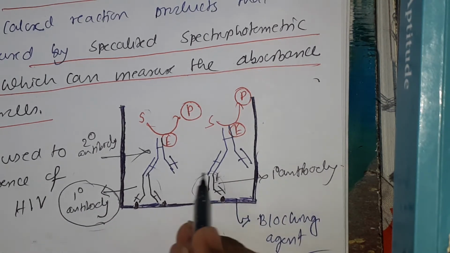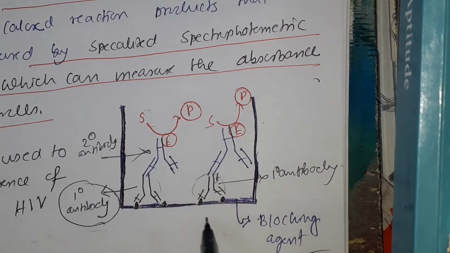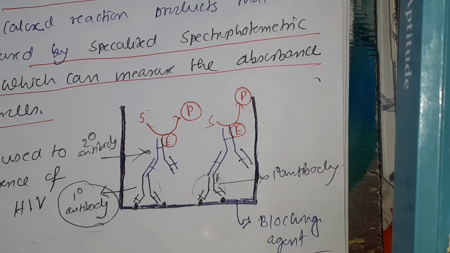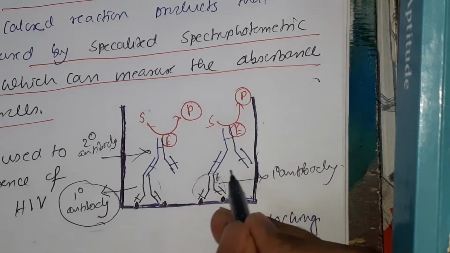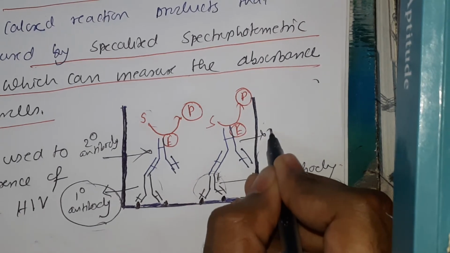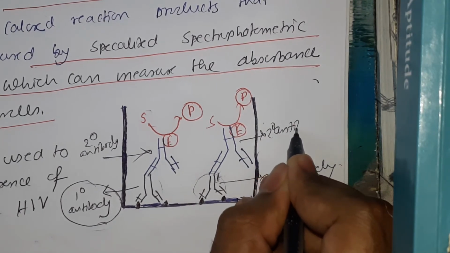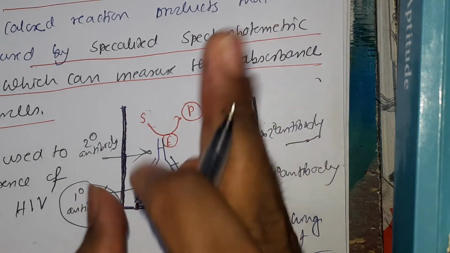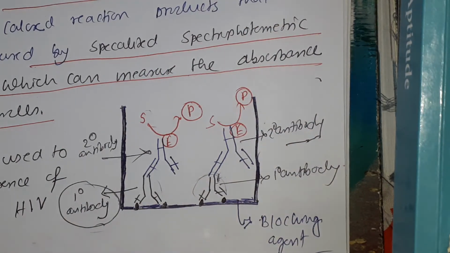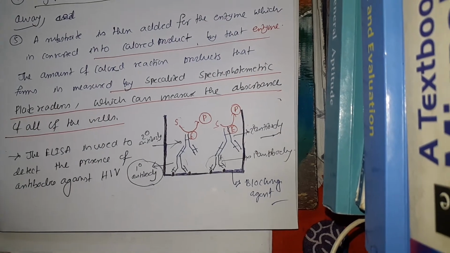In indirect ELISA, the problem that the enzyme-linked antibody has a lower affinity towards our antigen of interest is resolved, as here we use an extra antibody, the secondary antibody. This secondary antibody intensifies the result. So that is all about indirect ELISA.